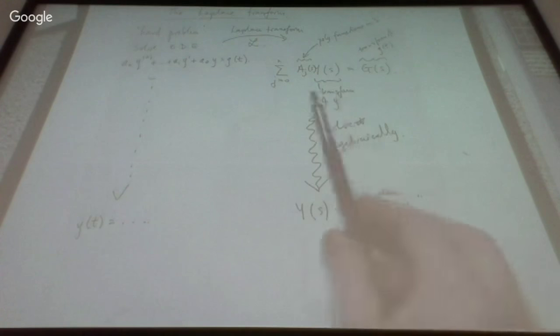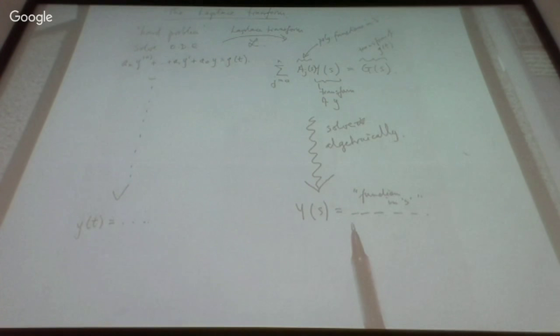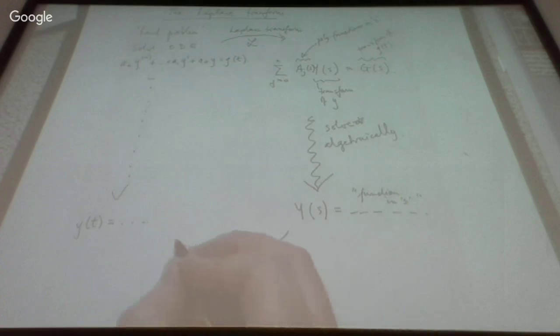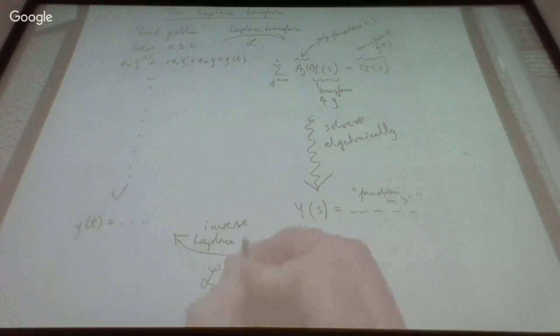This one admits a solution by relatively straightforward means, just using algebraic manipulation. So you solve the transform problem, and then you bring this one back with the inverse Laplace transform. And this brings you back to your solution y.